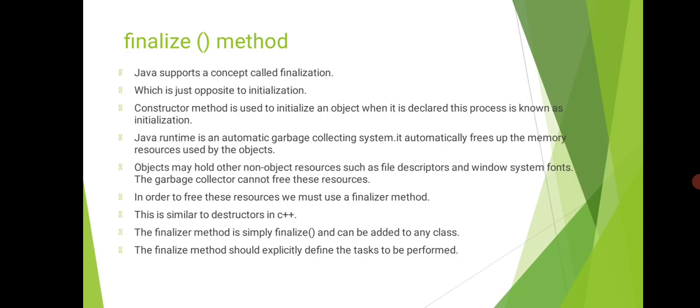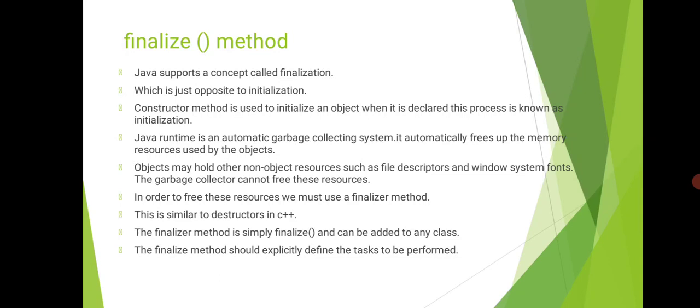We already learnt that the finalize method is equivalent to the destructor function present in C++. This is similar to the destructor function in C++, okay? Java runtime is an automatic garbage collecting system. It automatically frees up the memory resources used by the object, right?